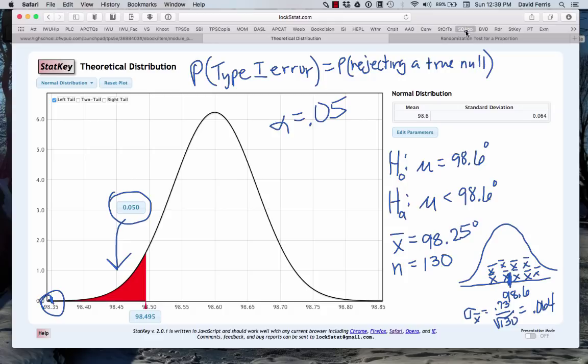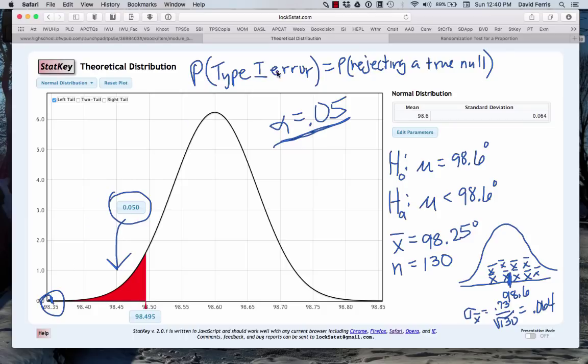Well, if we look at this picture, remember, if we said that the alpha level was going to be 0.05, what that means is if you mark off the bottom 5% on this model, any sample mean that falls between, looks like 98.495 and below, anything less than 98.495, we're going to reject the null hypothesis.